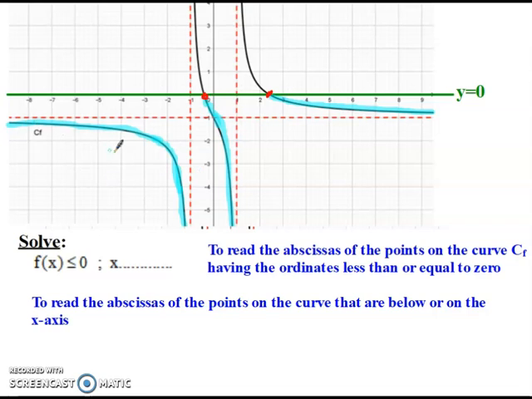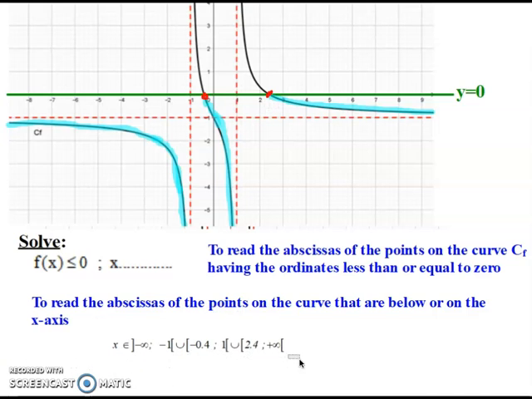As we see, these are the points of the curve that are on the x-axis or below the x-axis. To read their abscissas, it's from minus infinity till minus 1, union from negative 0.4 till 1, we open at 1, then we have from 2.4 till plus infinity.